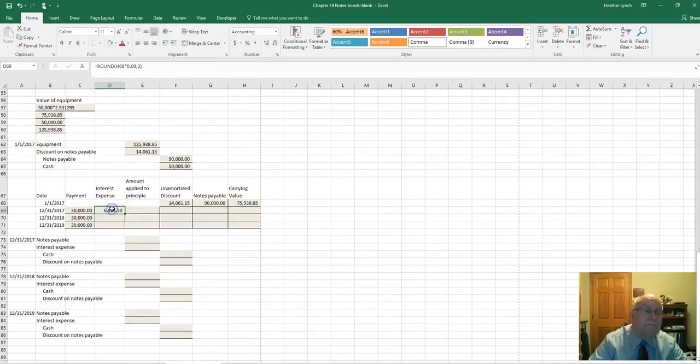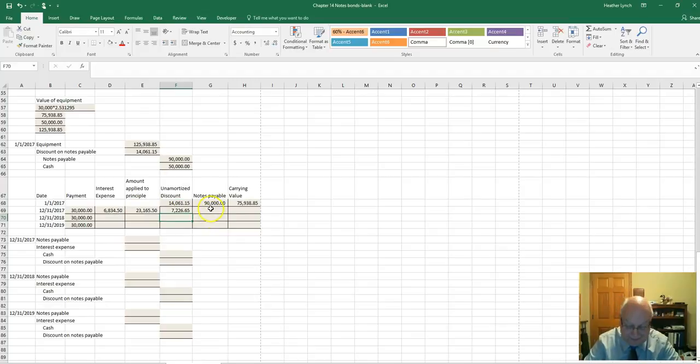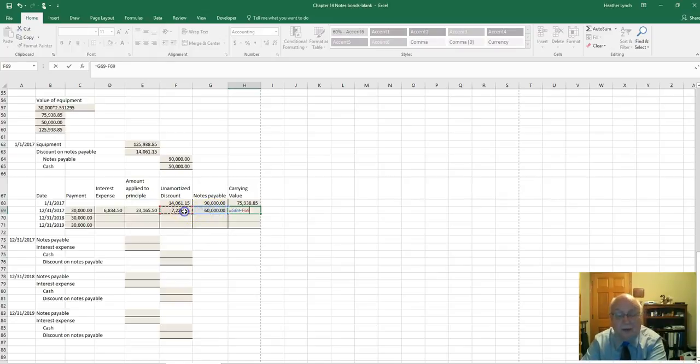Okay. The amount applied to principal is the difference. Okay. Unamortized discount would be the 14,000 minus the 6,834. This one here is the 90,000 minus the total 30,000. And the carrying value then is the difference between those two.